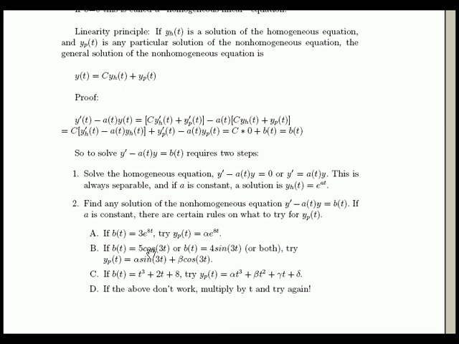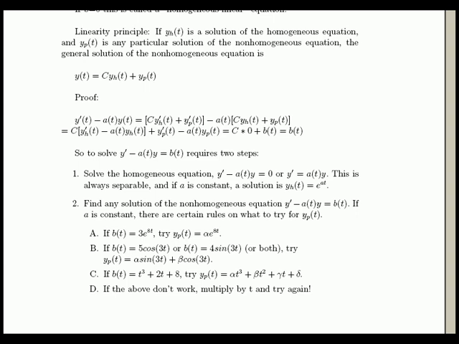If b of t is cosine of minus 2t and or sine of minus 2t, you try alpha sine of minus 2t plus beta cosine of minus 2t. If the right hand side is a polynomial of degree 2, t squared plus 2t plus 1, you try alpha t squared plus beta t plus gamma. Try a full polynomial. You have to include all the terms, even if it's just a t cubed here. And if at first you don't succeed, multiply by t and try again.